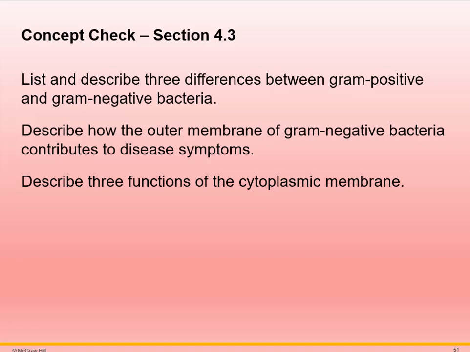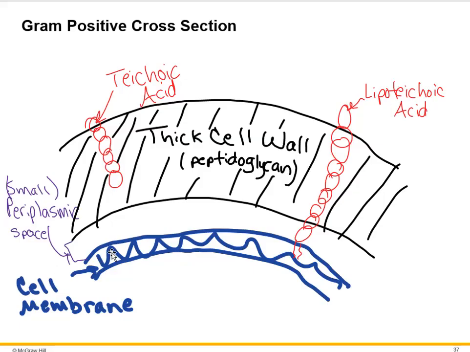Okay, so the first question is to list and describe 3 differences between gram-positive and gram-negative. So if we look at the cell wall pictures that I did, you can see that there's teichoic and lipoteichoic acid in gram-positive, none of that in gram-negative.